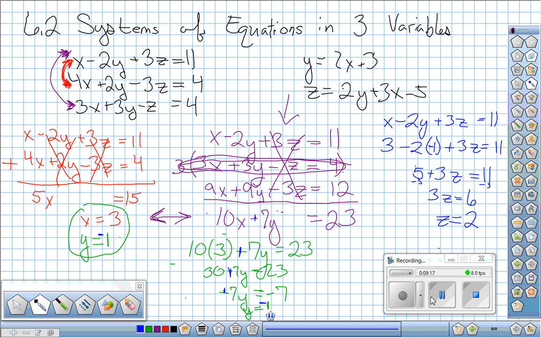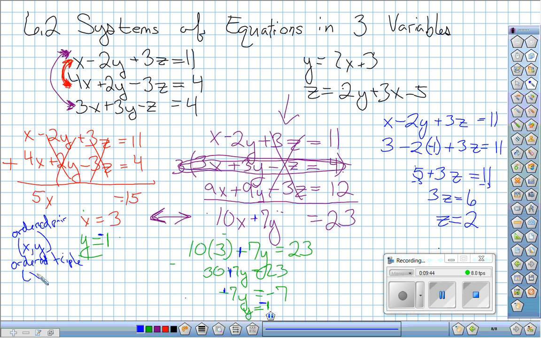This is what we call an ordered triple. We used to call them an ordered pair if we had something like x comma y. Now we have an ordered triple, and an ordered triple will look like x, y, z.